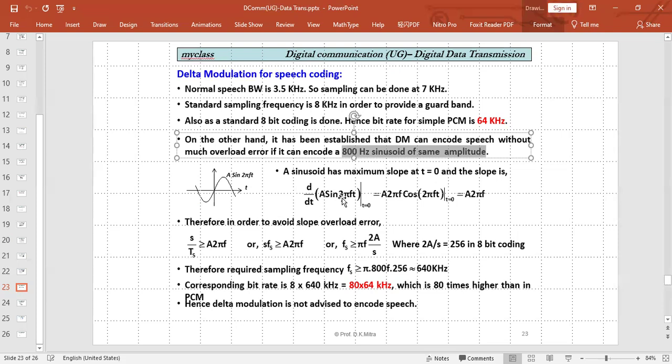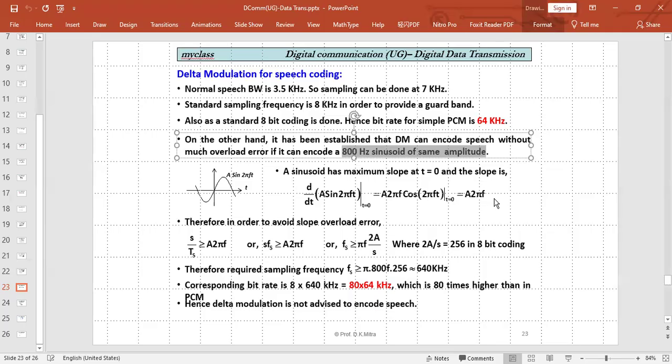A sin 2 pi ft differentiation is A multiplied by 2 pi f into cos 2 pi ft, and when we find its value at 0, cos 2 pi ft when t equal to 0 is 1, so it is A 2 pi f. So the maximum slope at 0 of a sinusoid signal of frequency f is A 2 pi f, where A is the peak value.